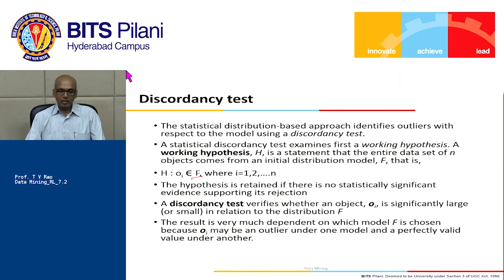Then the discordancy test is going to verify whether there is an object that is significantly large or small in relation to the distribution F. In that case, the object Oi is likely to be an outlier. As we can see here, it depends significantly on what we have chosen as the distribution F. For a different distribution, Oi may not be an outlier.